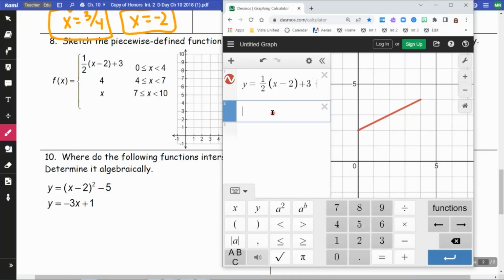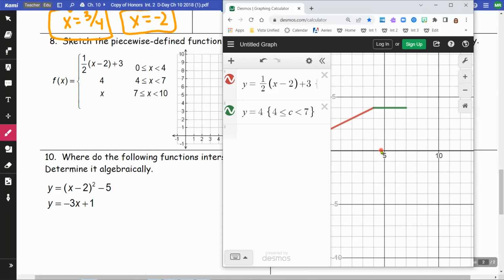The second one is basically a horizontal line, y equals 4, but I'm not going to go forever and ever like this. They want us to go from 4 less than or equal to x less than 7. So in between 4 and 7, but not including 7. So this actually would be an open circle.